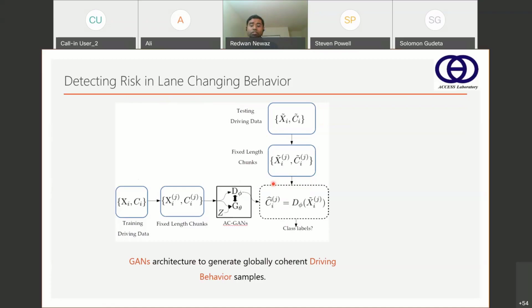By feeding the class information to the discriminator, the basic generative adversarial network framework is augmented for auxiliary classification tasks. To sample from the generator, we first define a low-dimensional latent space, which is a one-dimensional random vector uniformly distributed over a fixed distribution, and then we sample from the latent space with an associated class to generate a fixed length driving sequence.